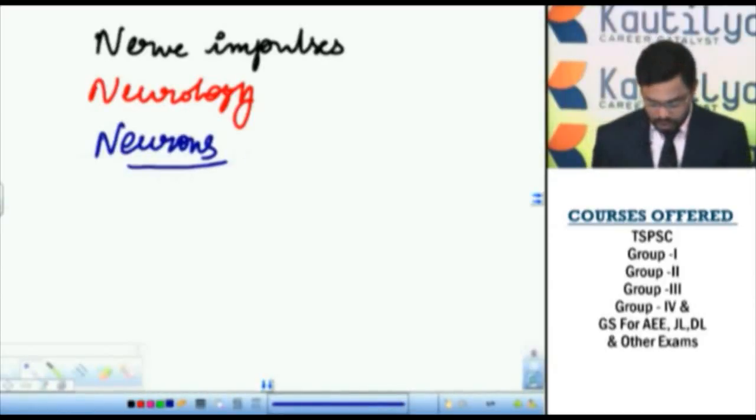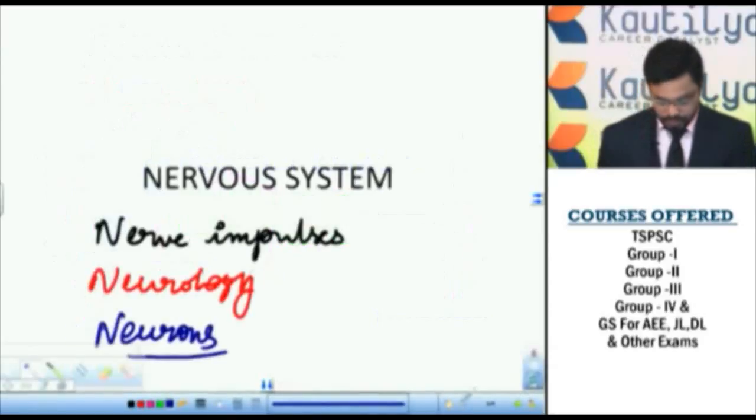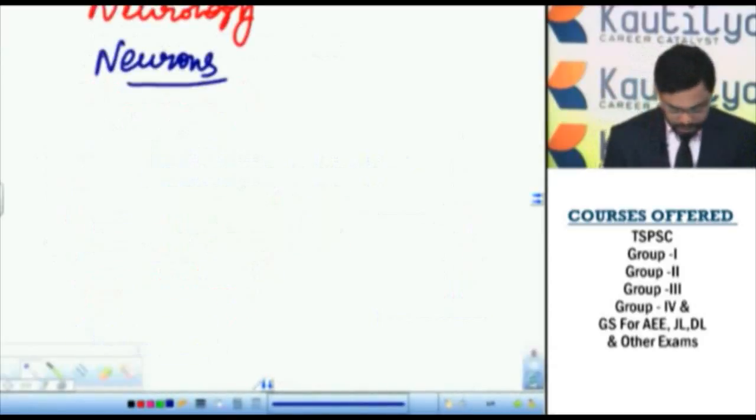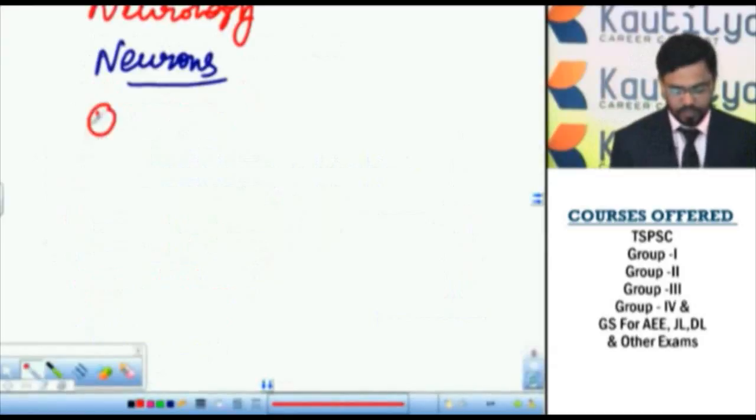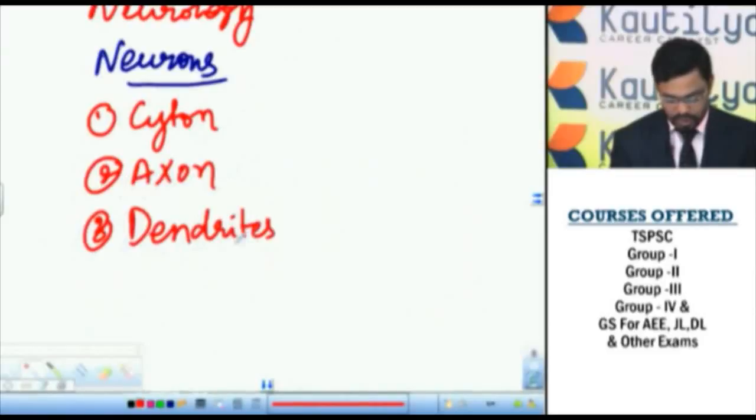If you observe the structure of a neuron, the neuron contains the cyton, axon, dendrites and teledendrites.